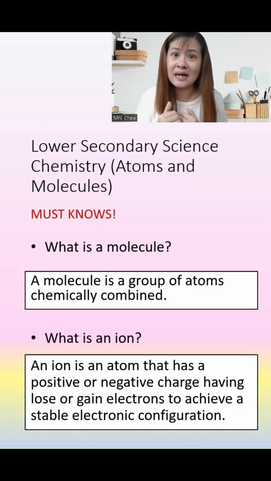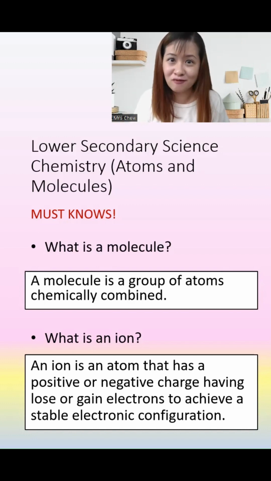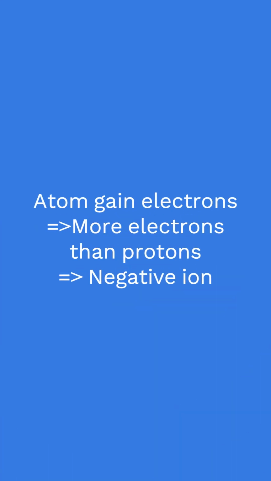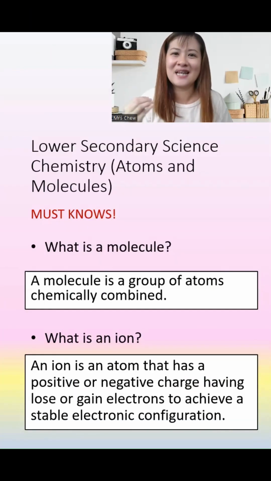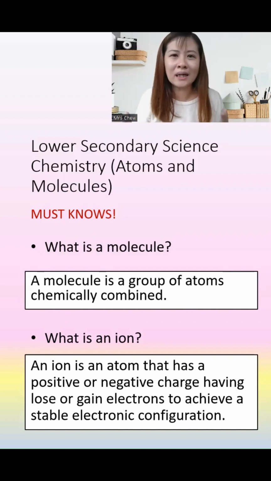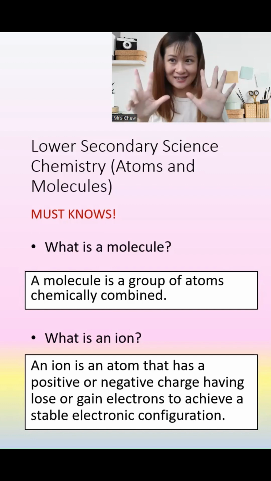If it gains electrons to form a stable electronic configuration, that means the number of electrons is more than the number of protons, and hence it is negatively charged. What is a stable electronic configuration? The outermost shell must be 8.